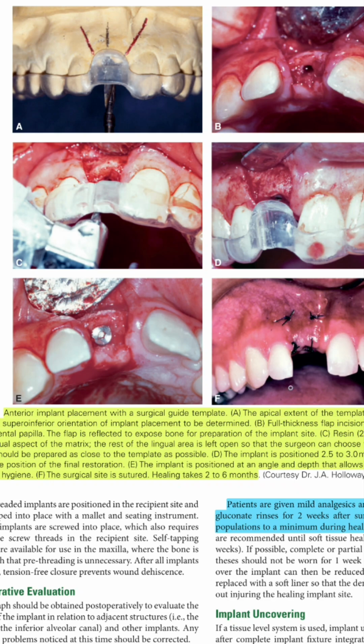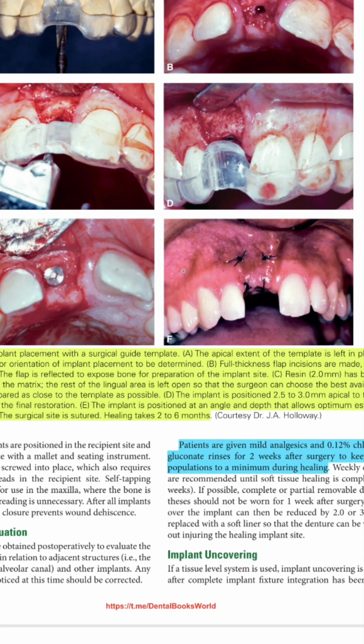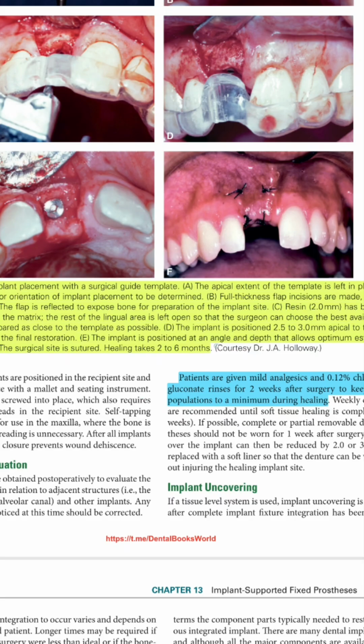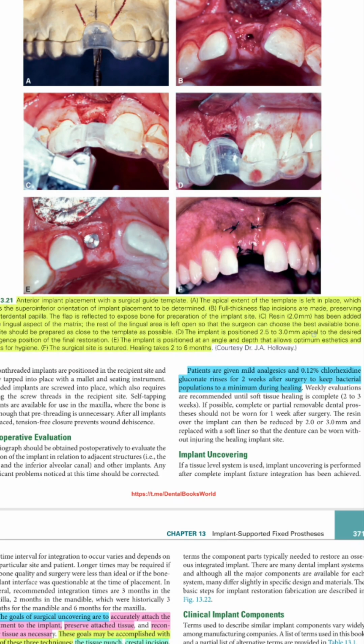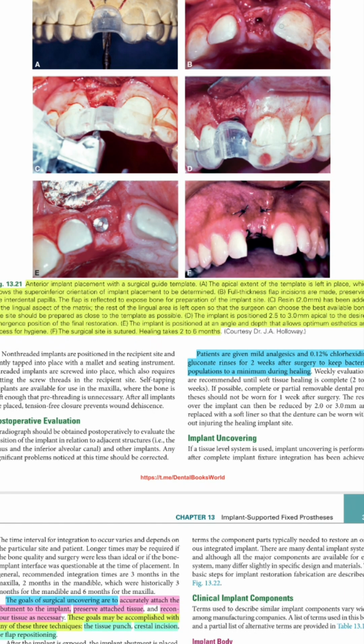This is the guide that we have discussed before, of a vacuum matrix. Usually the implant is embedded 2.5 to 3 millimeters apical to the desired emergence position of the final restoration. Then the site of the implant is sutured and the healing takes from 2 to 6 months.